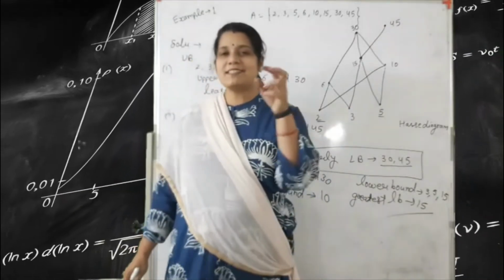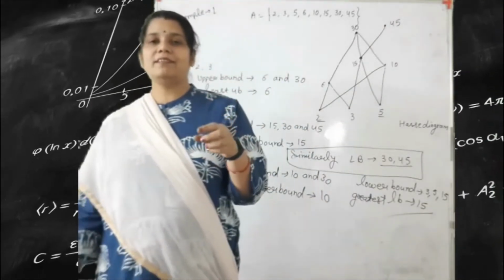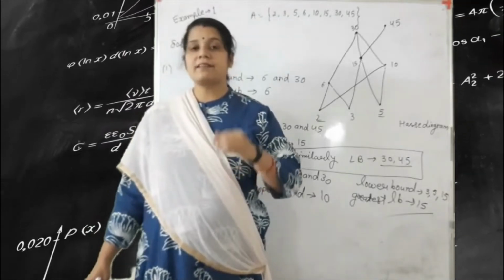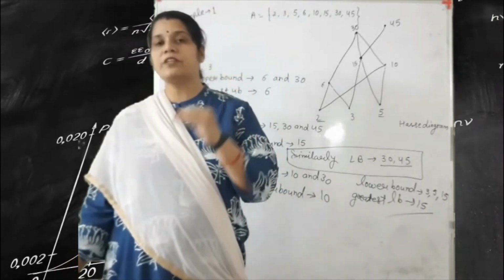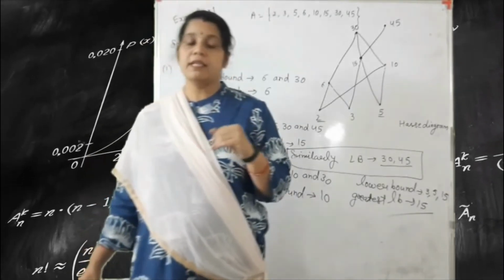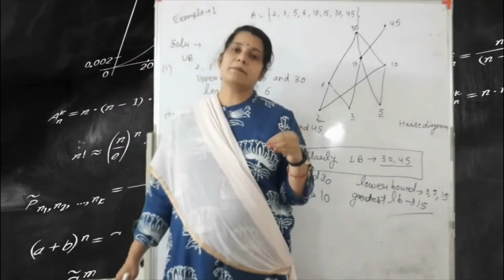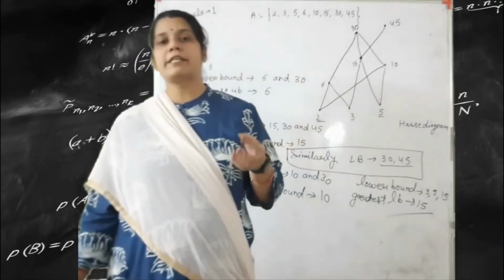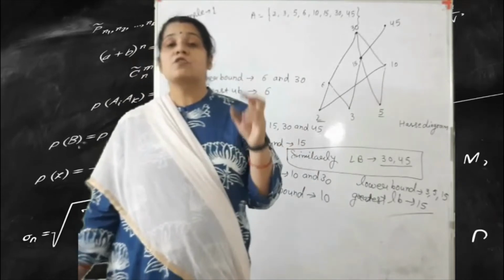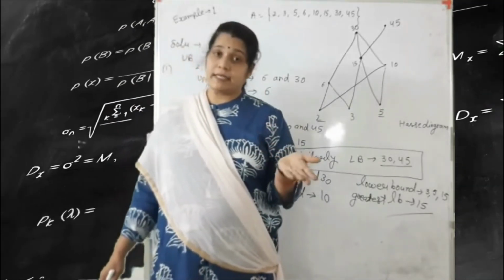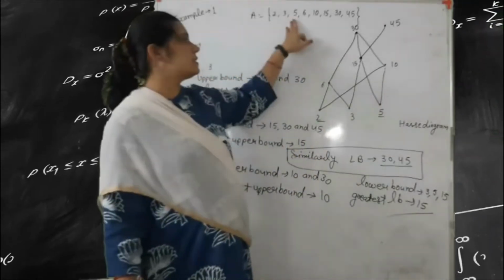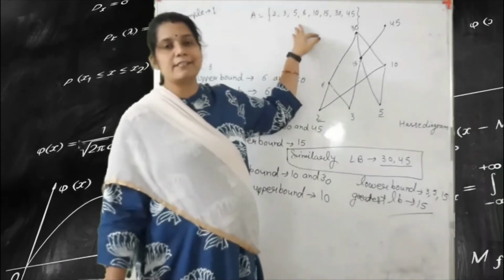Okay, so this is a very easy example for finding the greatest lower bound and the least upper bound. Always keep one point in mind: if you find the least upper bound and the greatest lower bound, that means supremum and infimum. So first you draw the Hasse diagram. Sometimes we are given only the set, and the relations are given.